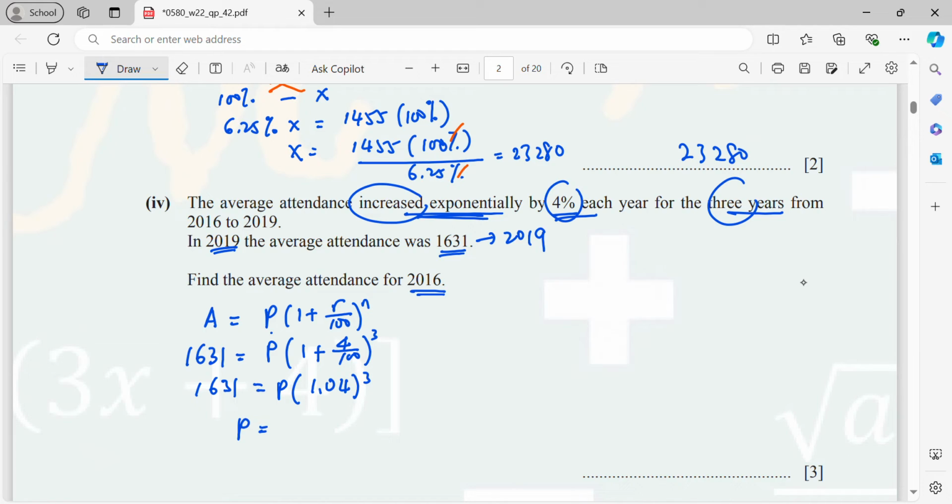To get the P, the 1.04 to the power of 3 moves down. 1631 over 1.04 cubed. That means you will be getting 1449.95. When I round to 3 significant figures, that is going to be 1450. So this is the average attendance in 2016.